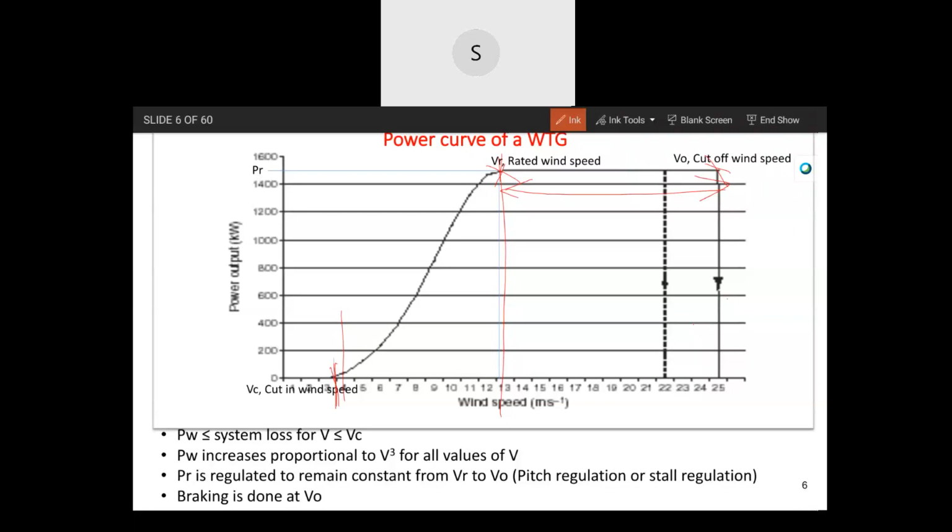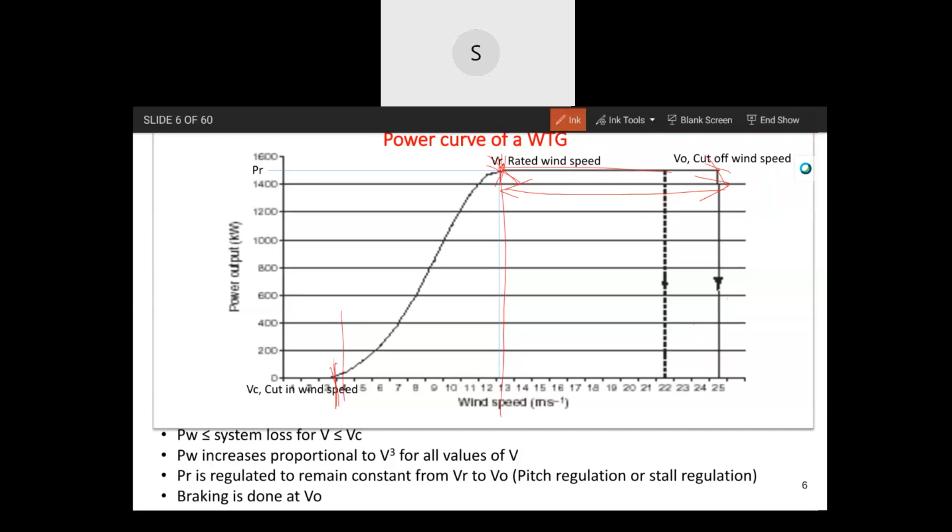So we have to restrict the power output of the generator. That is possible only by restricting the power input to the generator. Means from this wind speed onwards, for higher wind speed, the turbine will not increase its output even when its power input is increased. Higher wind speed means power input to the turbine is increasing, but it's not allowing the output to increase. How? That means it has to reduce its efficiency.